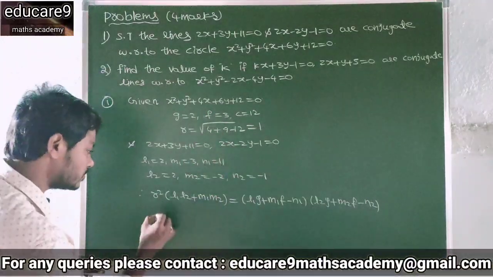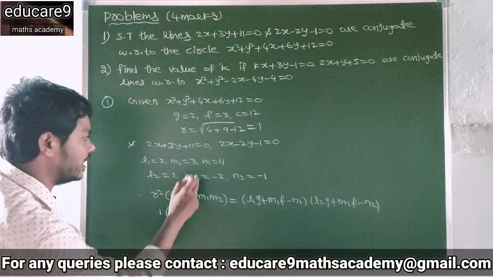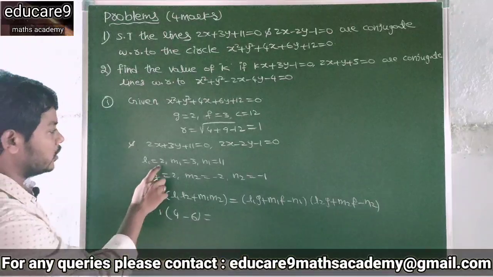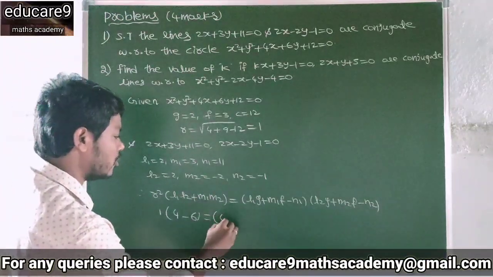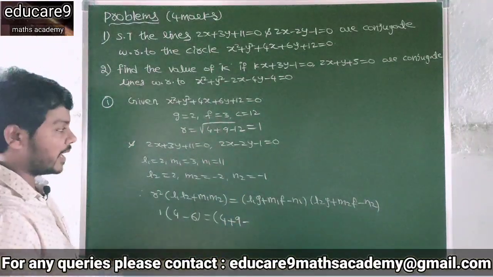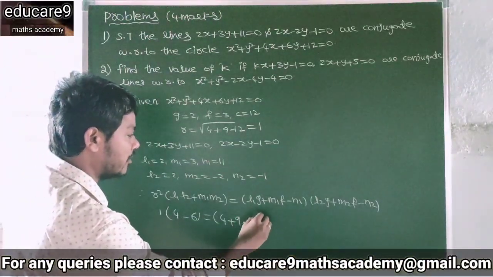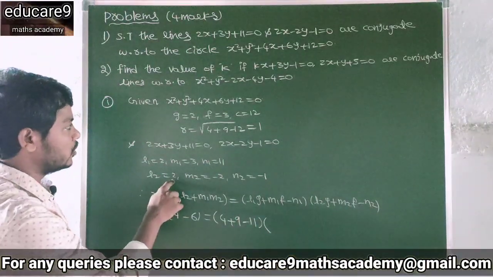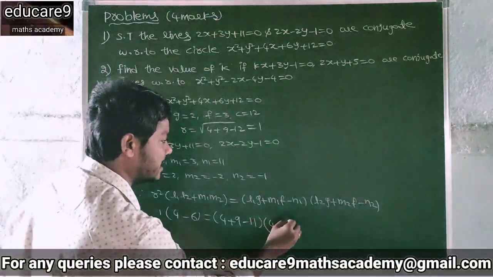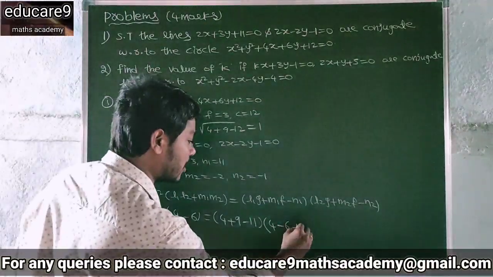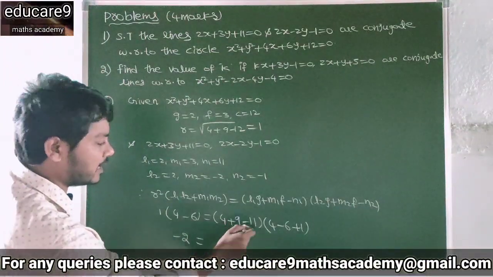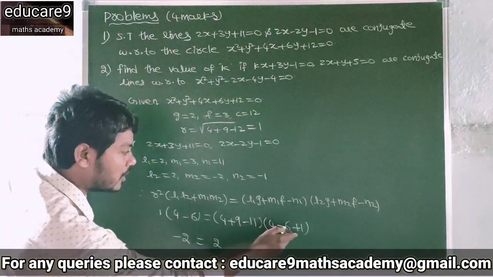R square, that is 1, L1 L2 is 4, M1 M2 is minus 6, is equal to L1G, 2 into 2 is 4, plus M1F, 3 into 3 is 9, minus N1, it is minus 11, and L2G, 2 into 2 is 4, plus M2F, minus 2 into 3 is minus 6, minus N2, that is plus 1. So clearly this is minus 2, and here 13 minus 11, that is 2, here minus 1.